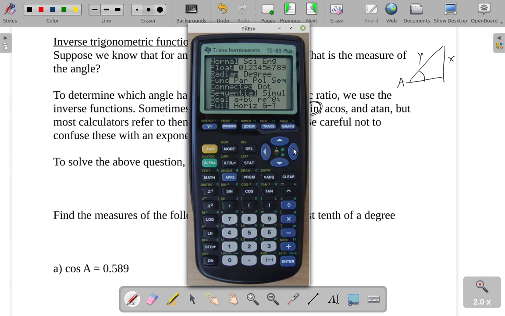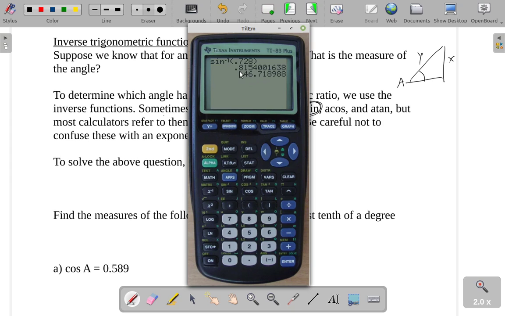The mode here is deciding whether your calculator is going to give you the number in radians or in degrees. By default, this calculator gave me the measurement in radians, not in degrees. So if I switch that over to degrees instead and quit back out of here, now when I evaluate the inverse sine of 0.728, I get 46.7.